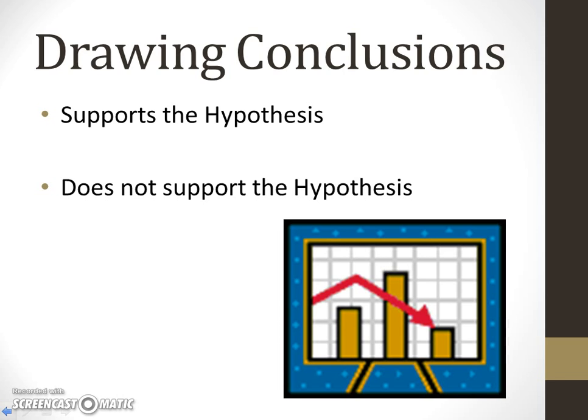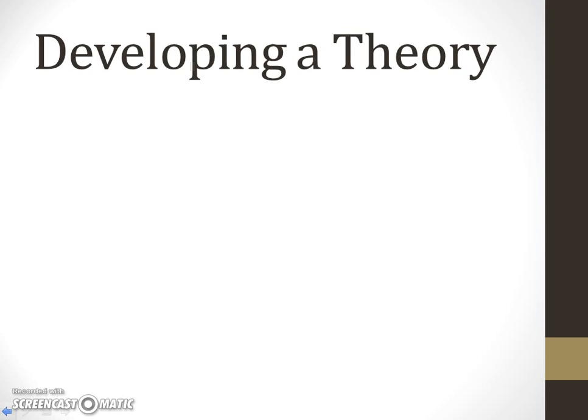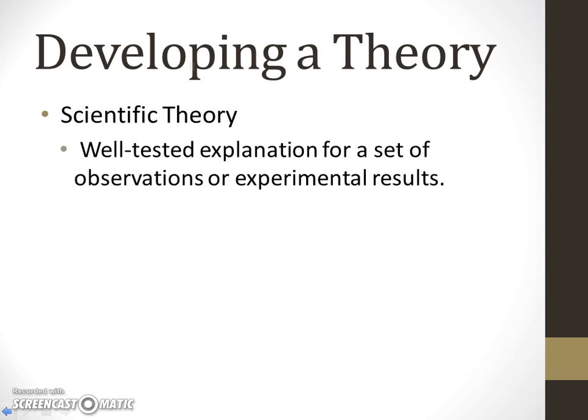Once you have drawn your conclusions and you've decided if your hypothesis was supported, that means you test again to make sure you're correct. Or if it's not supported, you go back and you change some things. Then you need to develop a theory. You need to report your results, so submit an analysis. When we're talking about a theory, that means it has been well tested.